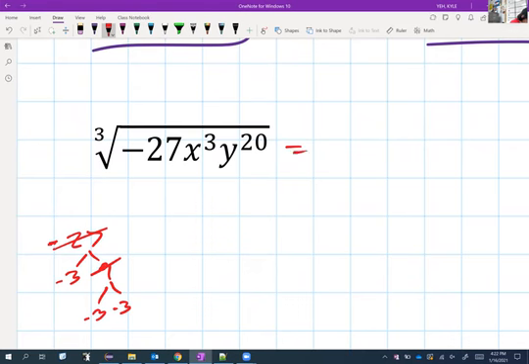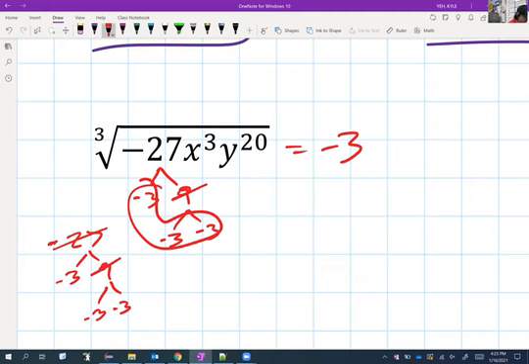So the cube root of negative 27, again, we could say that's negative 3 times positive 9. That's negative 3 times negative 3. And here's our group of 3. So negative 3. x cubed, and then the third root of that, so we can make one group of 3 to pull out, nothing left over. y to the 20th.